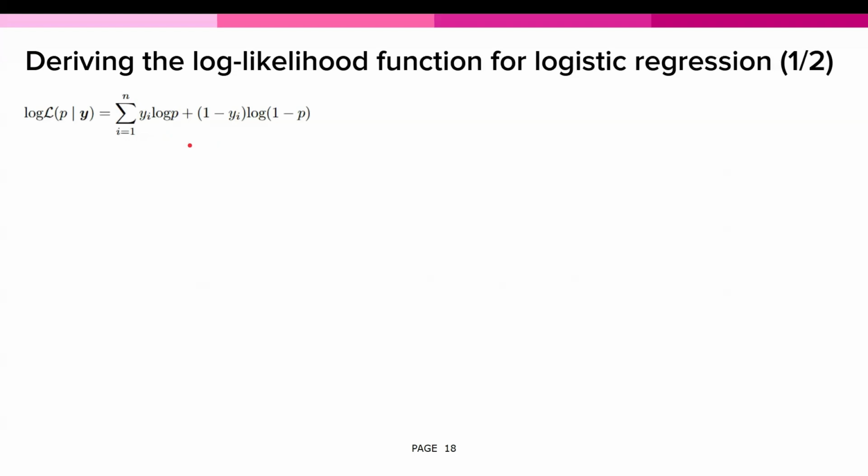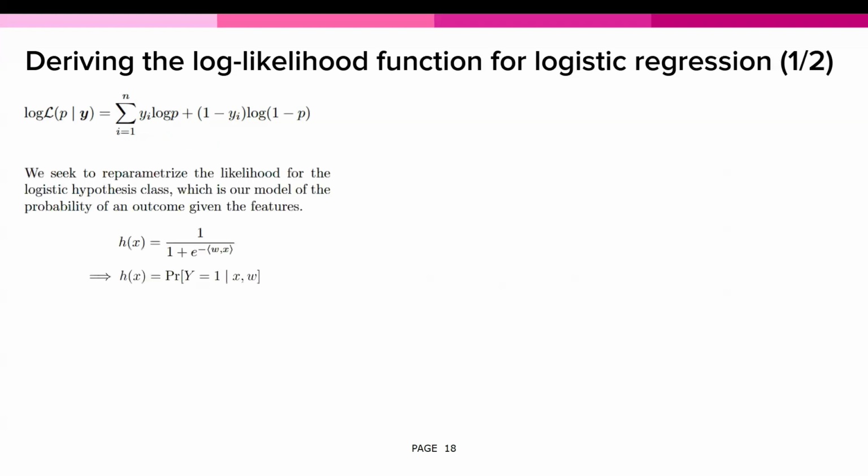Well, let's recall that in logistic regression, the output of the model represents the conditional probability of a positive outcome given a feature vector and the parameters. So this probability for a specific feature vector is computed using the logistic function applied to the linear combination of the parameters and the features.